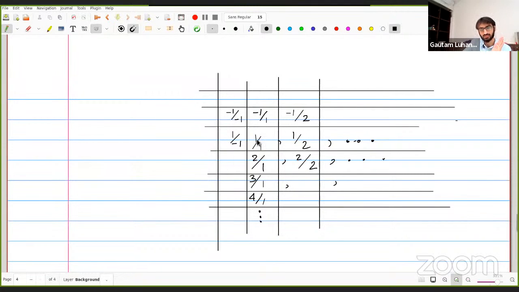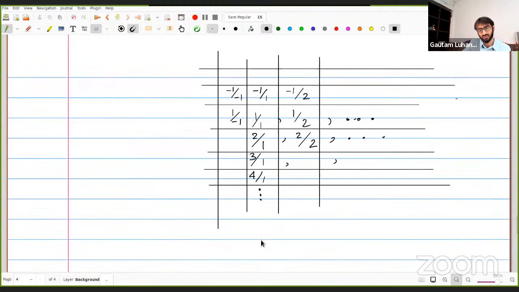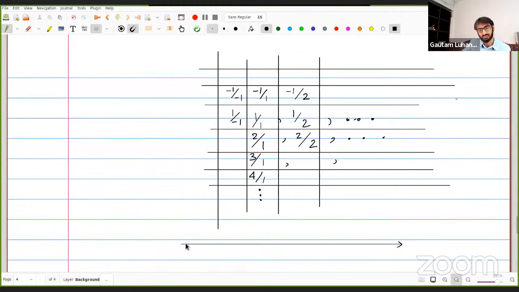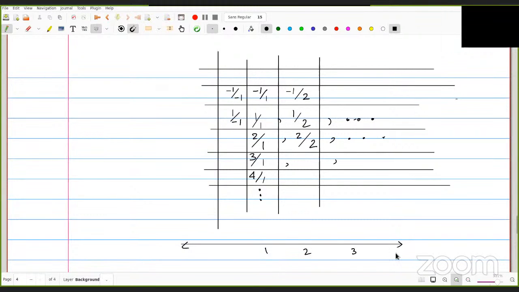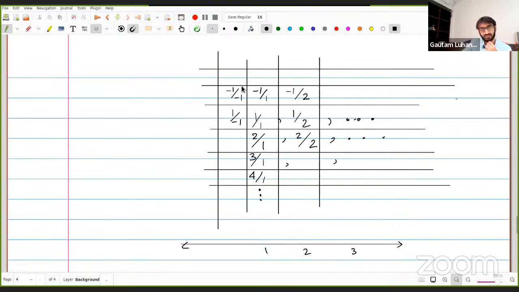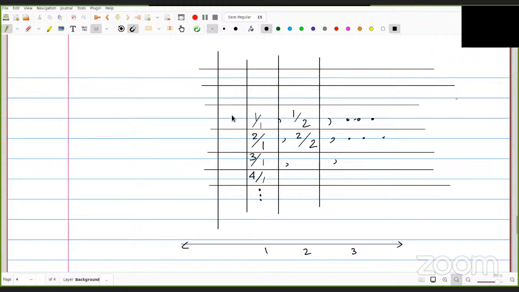In the rightwards direction, this was 1, 2, 3. I forgot the row for 0. So what will we do for 0? Where should I put the zeros? Above 1 over 1, you get 0 over 1 and 0 over 2.